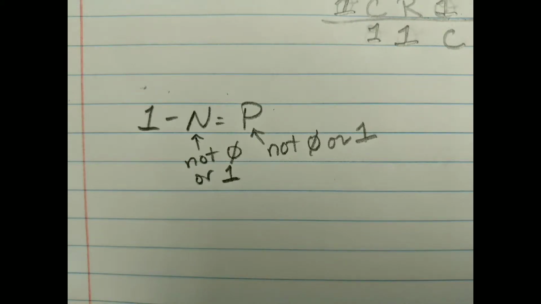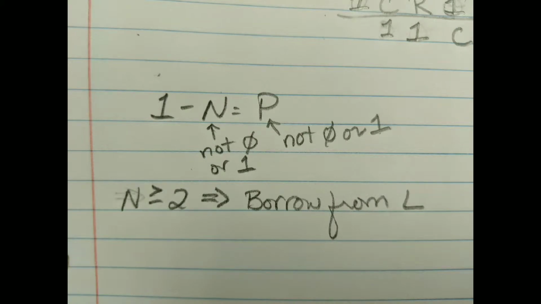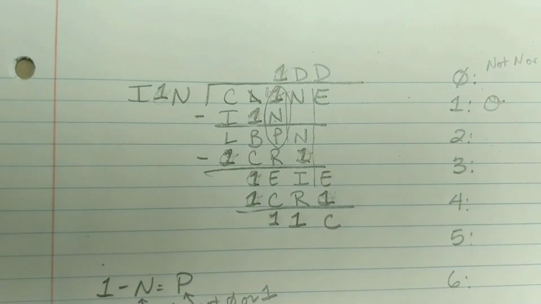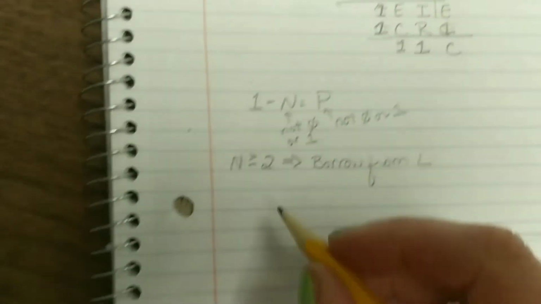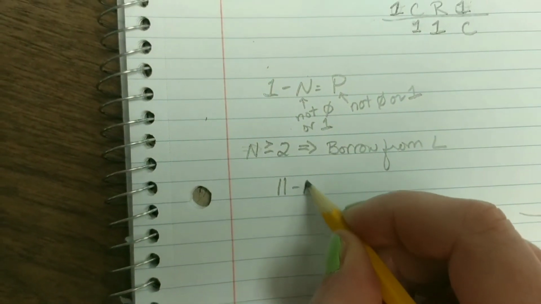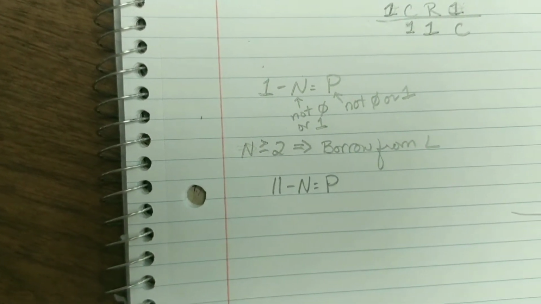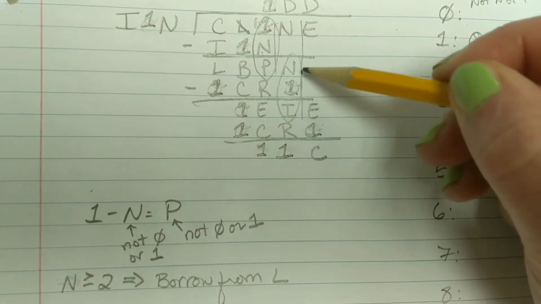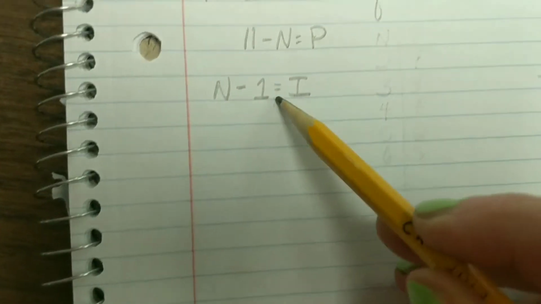So p is not 0 and p also can't be 1. Also, n can't be 1 because we already have O equal to 1. Looking at the next subtraction grouping, I see n minus 1 equals I. Since n is at least 2, because it's not 0 or 1, we know we won't have to borrow from the next column. So this tells me that n is 1 more than I.